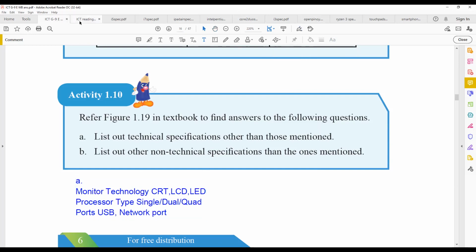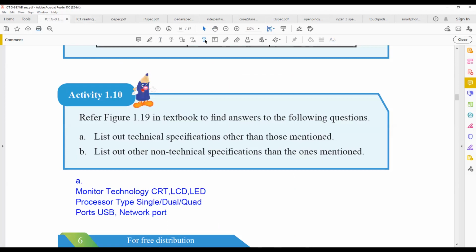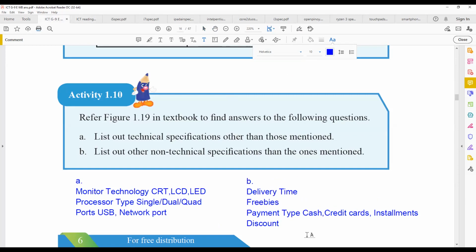Non-technical specifications, so I'm going to copy from here. This is the answer for B. Right. So with that, we completed activity 1.10. Let's move on to the next one.